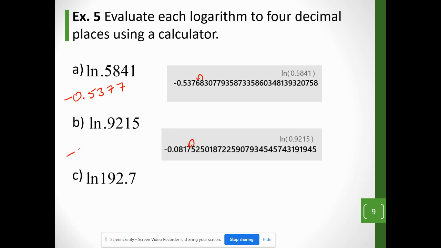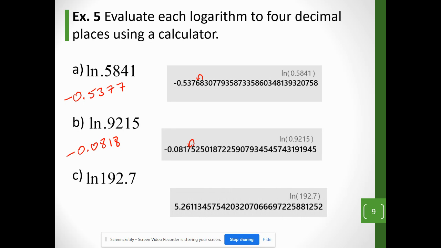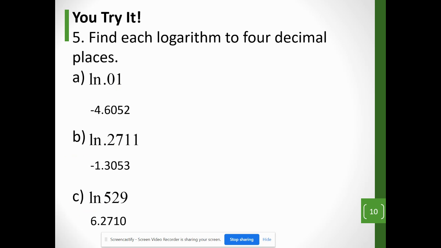So I have negative 0.0818. What about ln of 192.7? That gives me, I see my fifth decimal place, my 3 is not big enough, so I ignore it. So I'm just going to call this 5.2611. I just want you guys to practice how to type this on a calculator. So you try this at home, and that's what you should be getting.